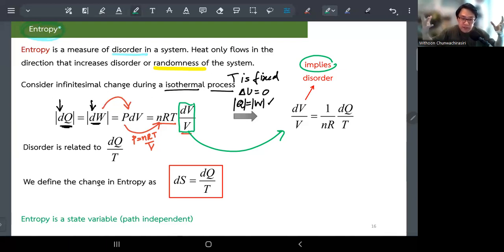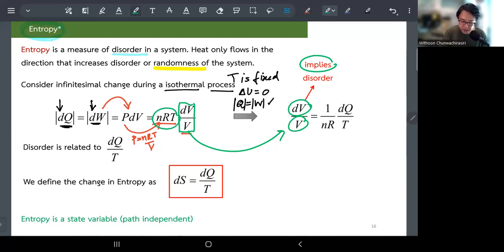So that's the whole idea. This is the reason why the increase in the volume with respect to the original value implies that you have some more disorder in your system. Cool? You buy it? Not bad, I hope. All right, so that means if you have that, I can move this nRT to the other side.